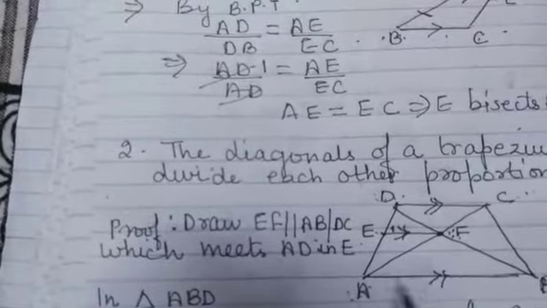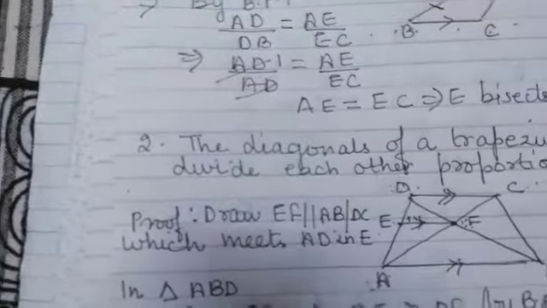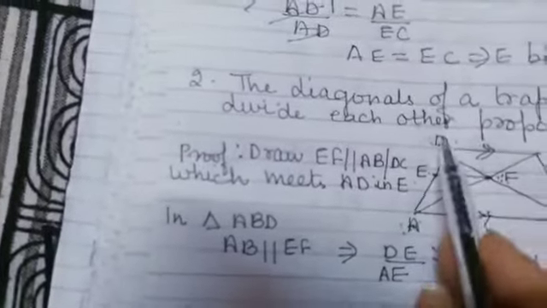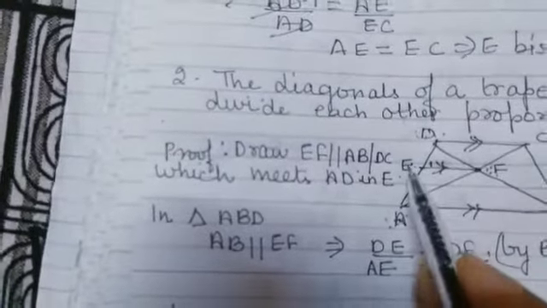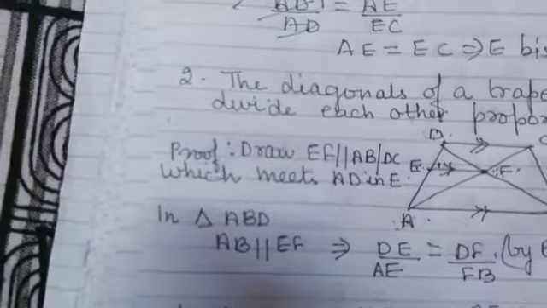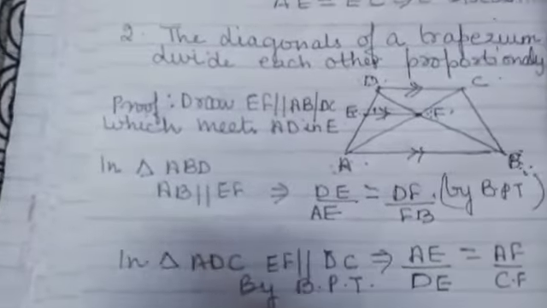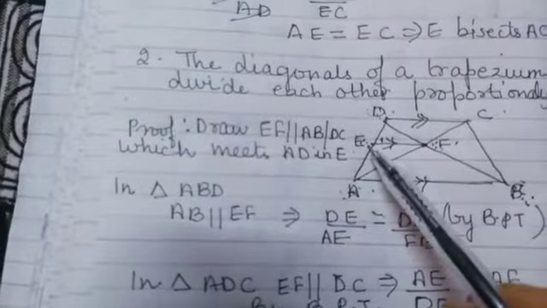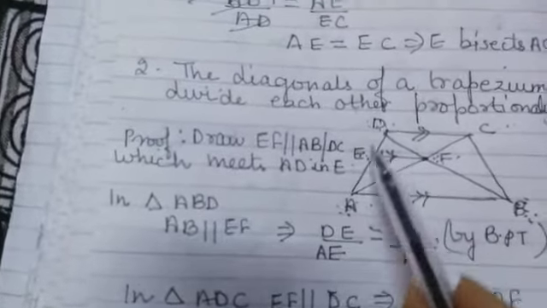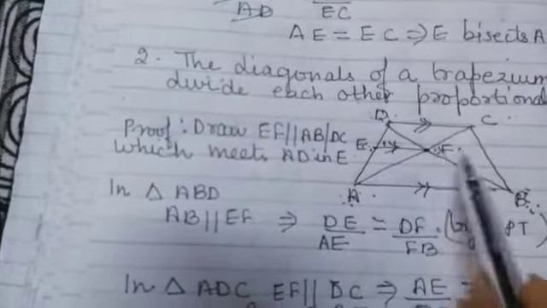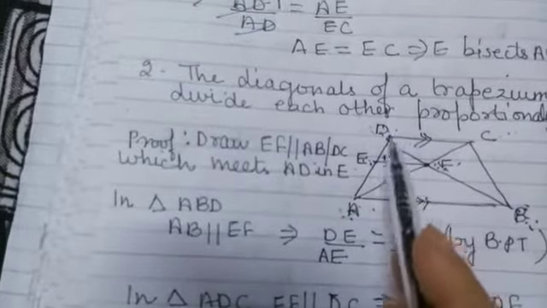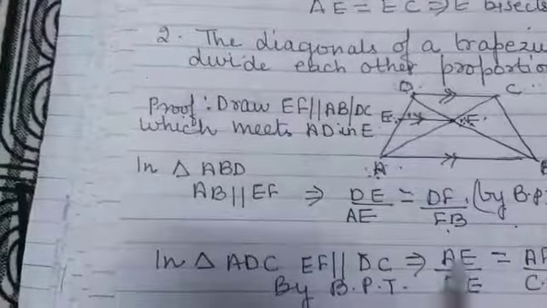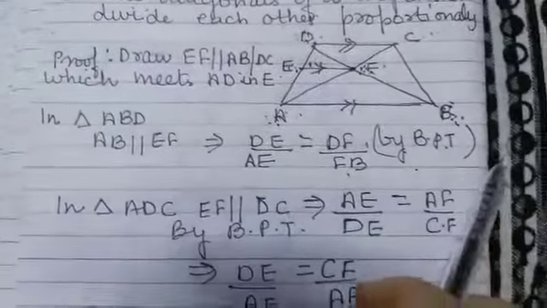So first you consider triangle ADB. So in triangle ABD, we know EF is parallel to AB. So according to the BPT theorem, DE upon EA is equal to DF upon FB by the basic proportionality theorem.